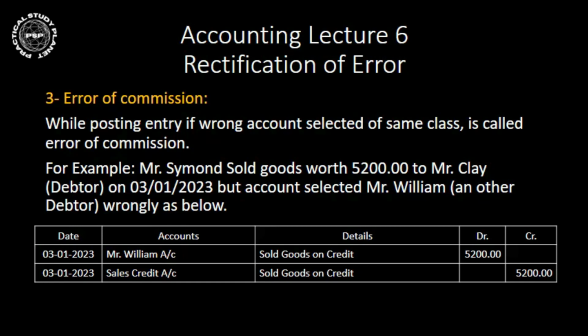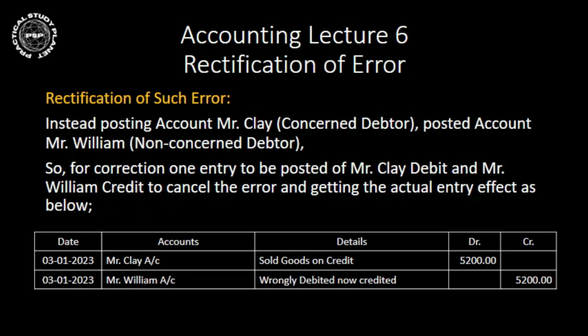The third is error of commission. While posting an entry, selecting an account of the same class wrongly is called error of commission. For example, Mr. Simon sold goods worth 5,200 to Mr. Clay, debtor, on 3rd Jan, but wrongly selected Mr. William, which is another debtor of our company. So Mr. William was debited wrongly 5,200 and sales credited. The sales account is okay; Mr. William is the wrong account because here we should have used the Mr. Clay account. What will be the solution?